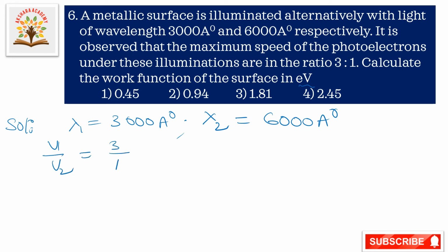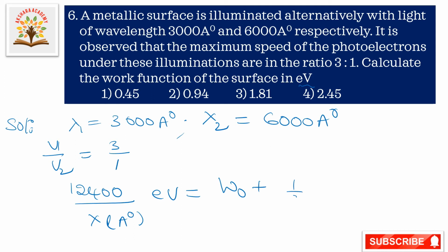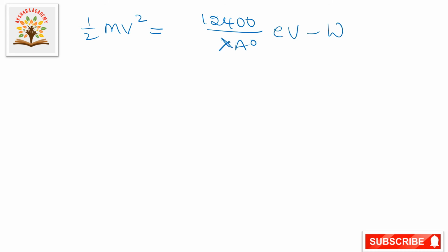Now substituting values, 12,400 by lambda in Angstroms, in eV, is equal to work function plus half mv square. So half mv square is equal to 12,400 by lambda in eV minus work function.